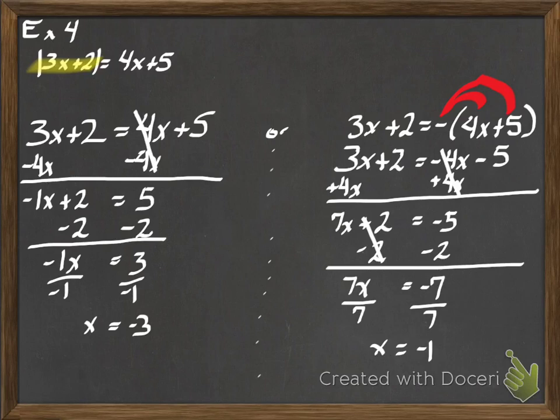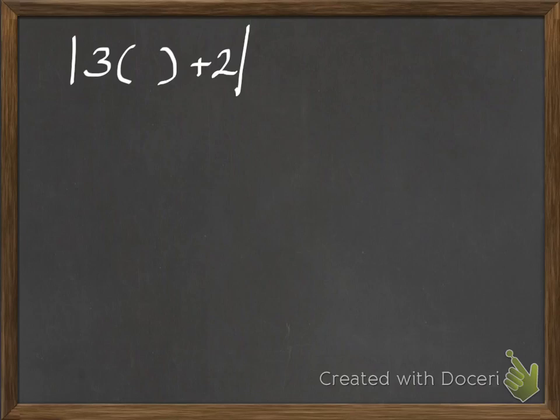But let's go on to the next slide and just check that work and see if those both work. So what I'm going to do is take that original equation, which is 3 times my x plus 2, all of that with the absolute value bar around it, is equal to 4 times my x plus 5.